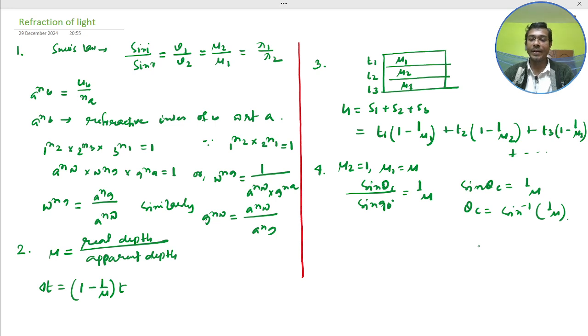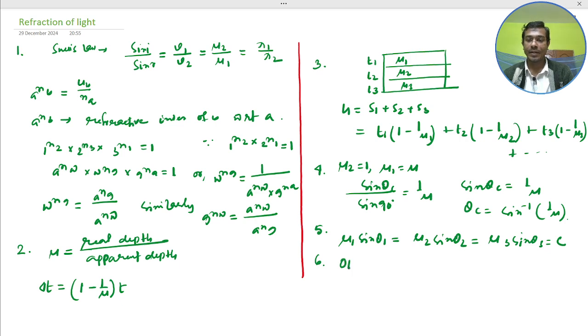For a ray refracted through multiple media, mu1 sine theta 1 equals mu2 sine theta 2 equals mu3 sine theta 3 equals constant. Next one, image formed by slab, that y is equal to (1 minus mu m by mu) into d.